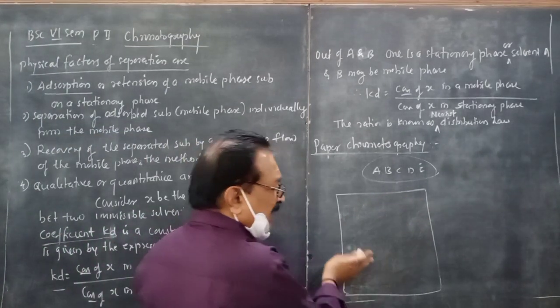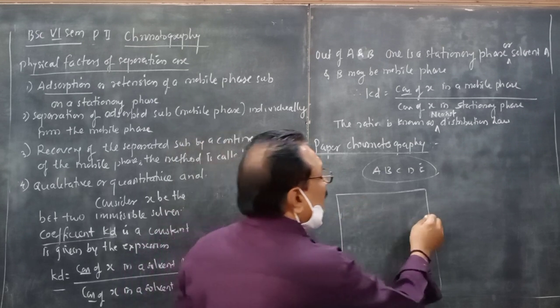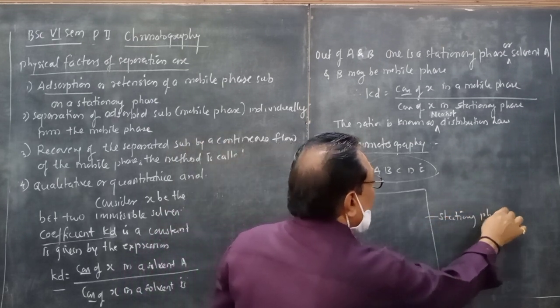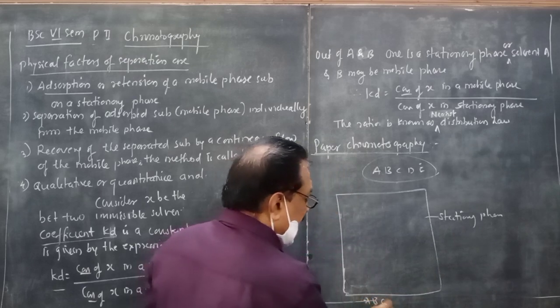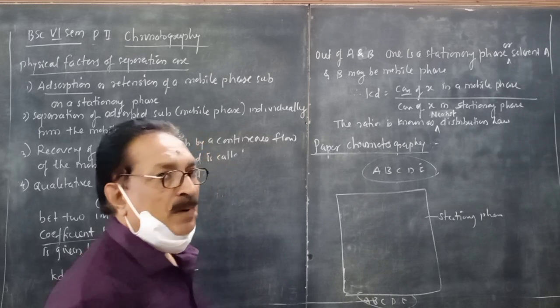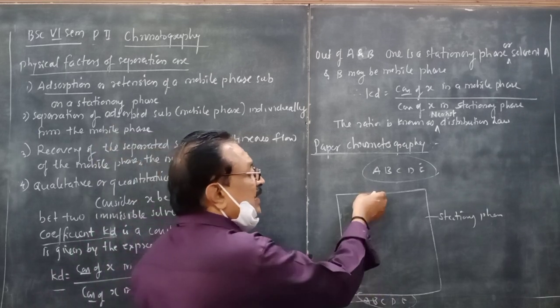Suppose this is the specially designed filter paper. Here the stationary phase is there, with A, B, C, D, E. This is the mobile phase, which is allowed to pass over the stationary phase.